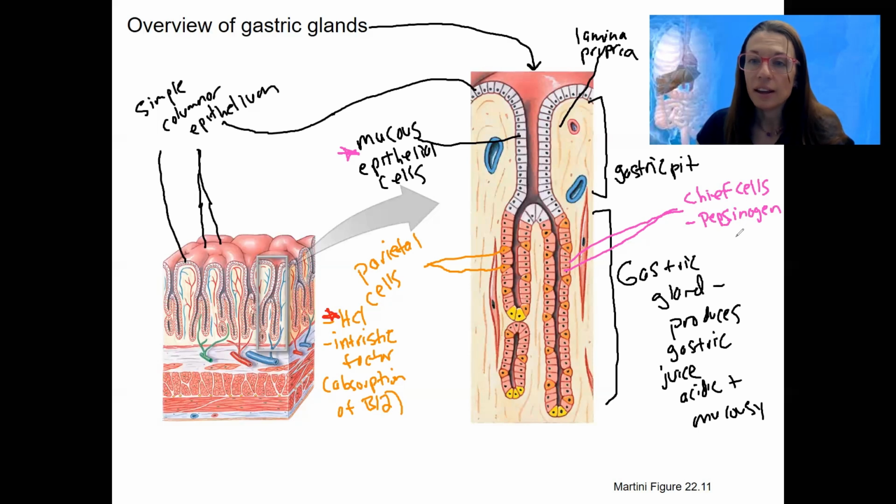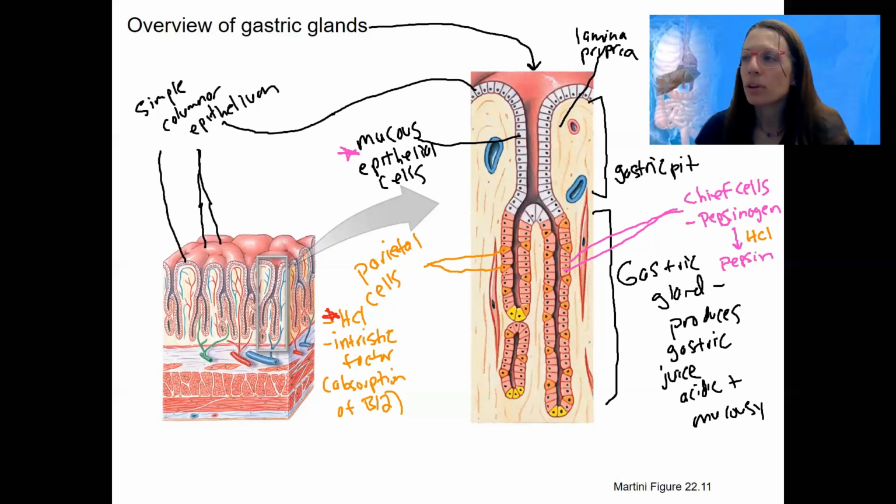Pepsinogen is a precursor to pepsin that is going to break down peptides. And this is pretty cool. You see what activates pepsinogen? I'm going to change it to orange. It is activated in acidic conditions, so HCl. So that is a function of the parietal cells here.